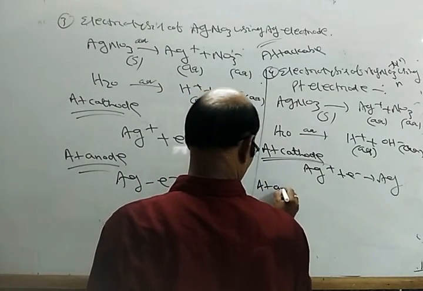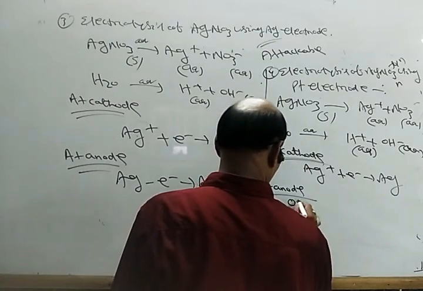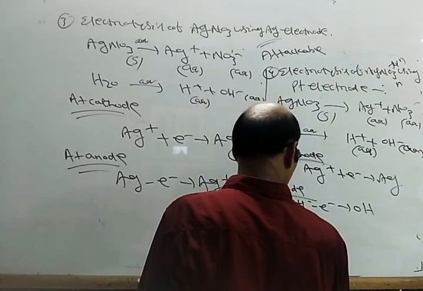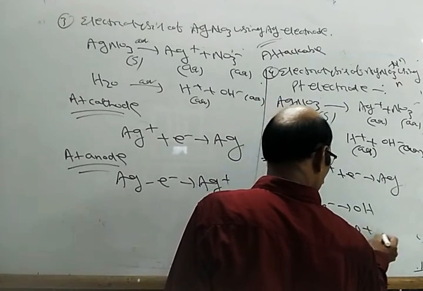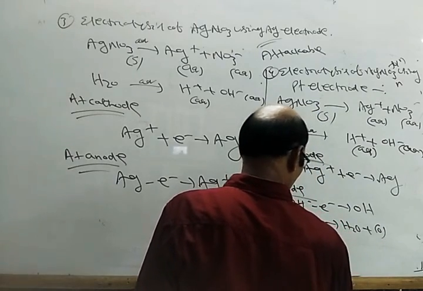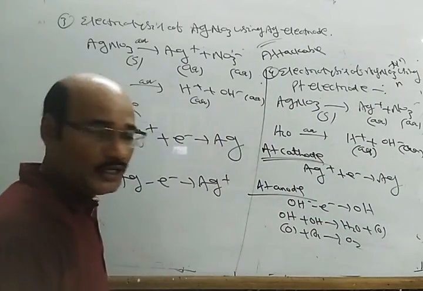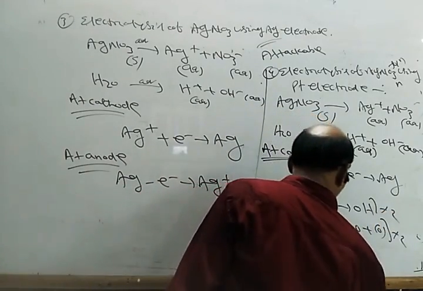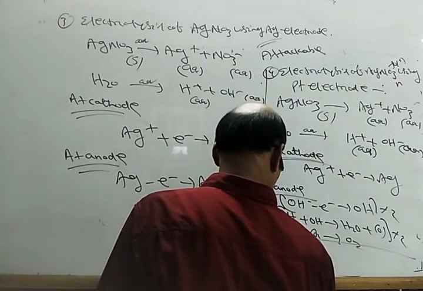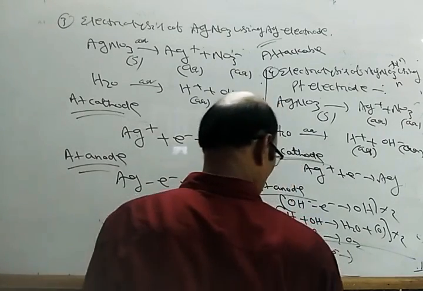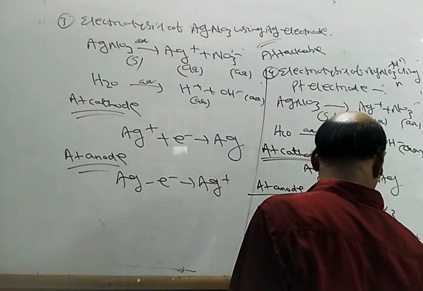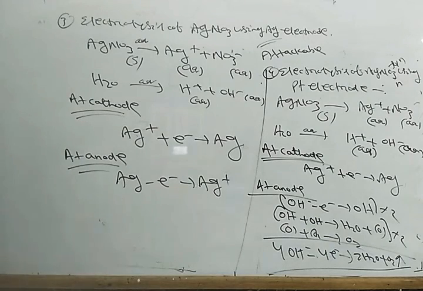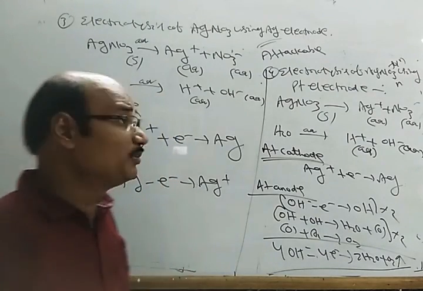At the anode, OH- gives OH plus electron, then OH plus OH gives H2O plus O, and O plus O gives O2. So multiplying by 2, you get 4 OH- minus 4 electrons gives 2 H2O plus O2.